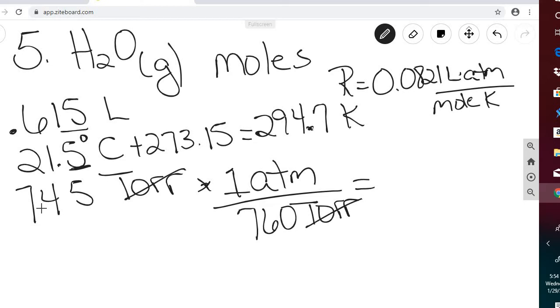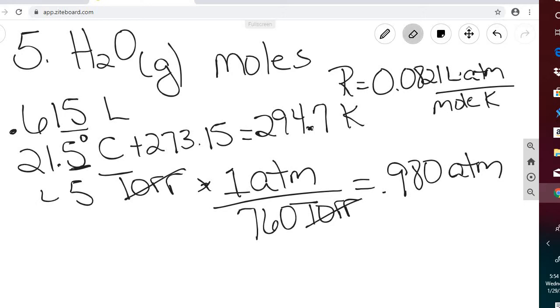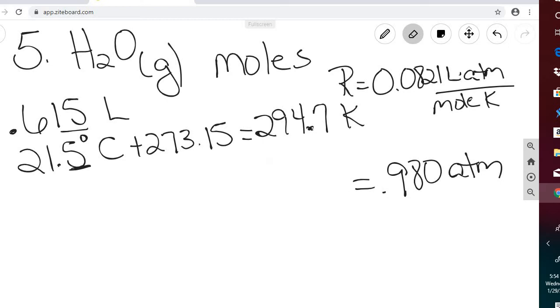You're left with atmospheres, and that comes out to 0.980 atmospheres. Okay, so now we have everything that we need. I'll erase this. I'll put our 0.980 atmospheres here.